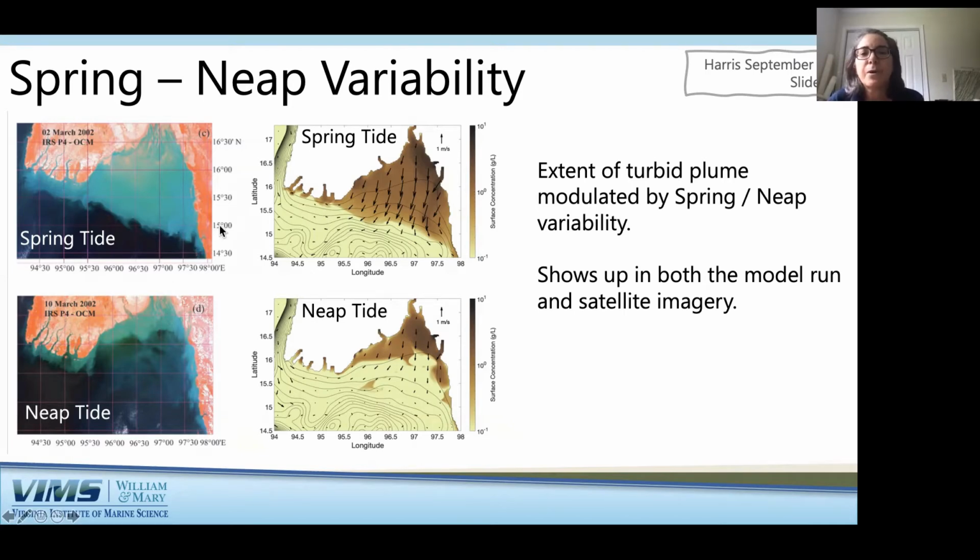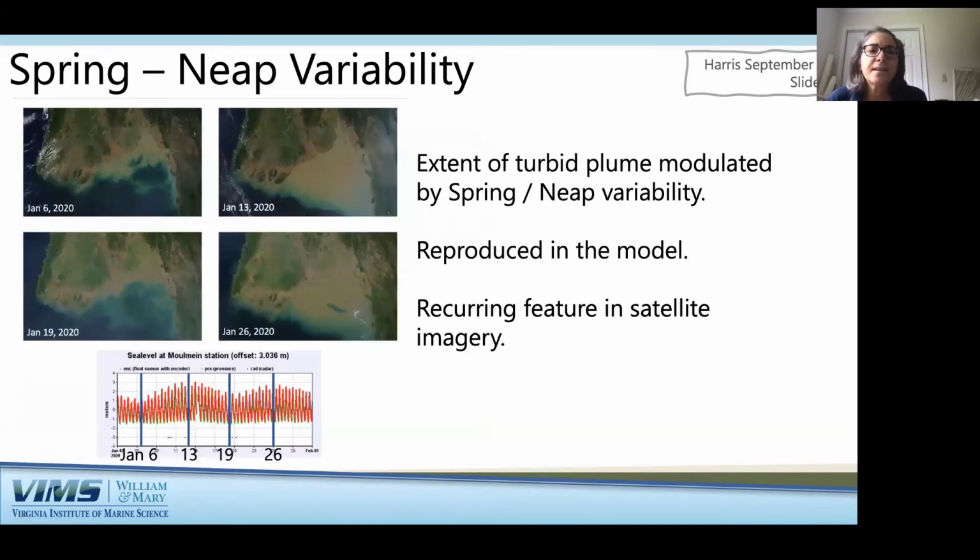And then I wanted to make sure that this wasn't just a one-off thing. So we went and looked at satellite data for a longer period. Now, we could only get satellite data for the Northeast monsoon conditions because during the Southwest monsoon conditions, it's too cloudy to get this type of imagery. But here's an example of what we found in the satellite record.